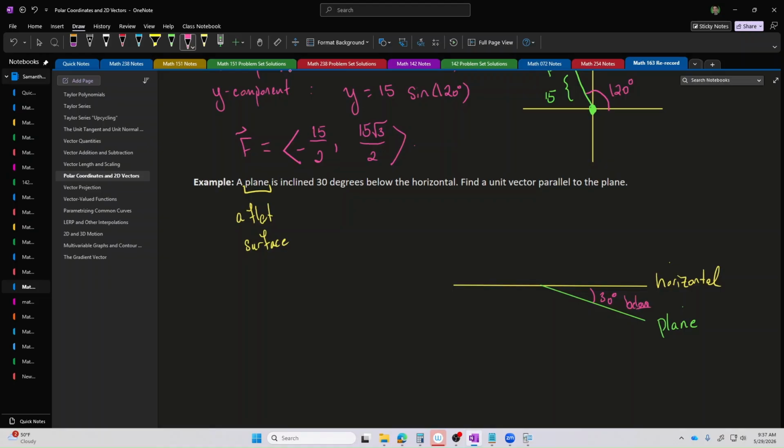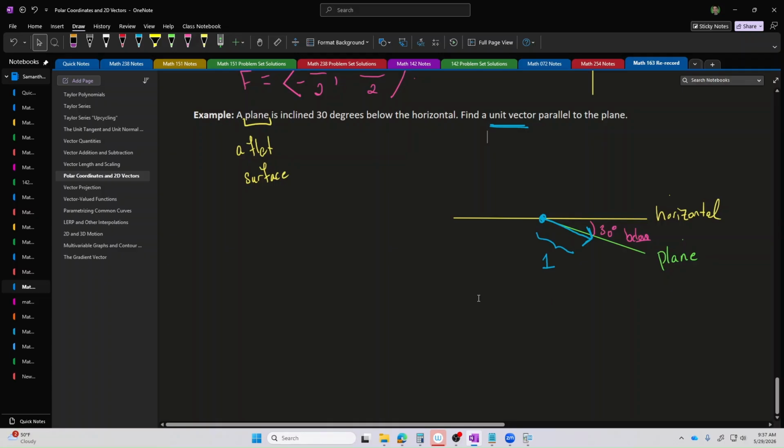So then they ask me, find a unit vector parallel to the plane. Find a unit vector that points in the same direction as this plane. So if I draw the vector in, for example, here, they're asking me for a vector of length 1, because it's a unit vector, that points in the same direction as the plane.